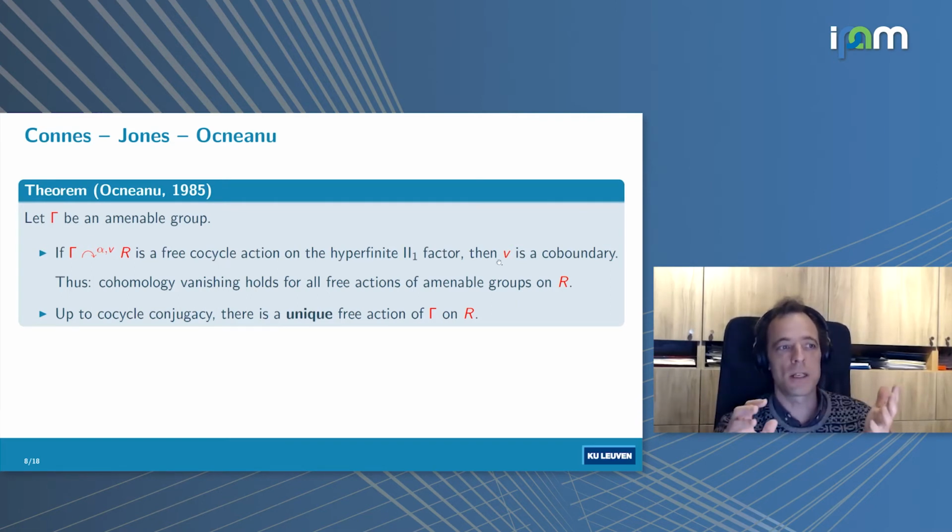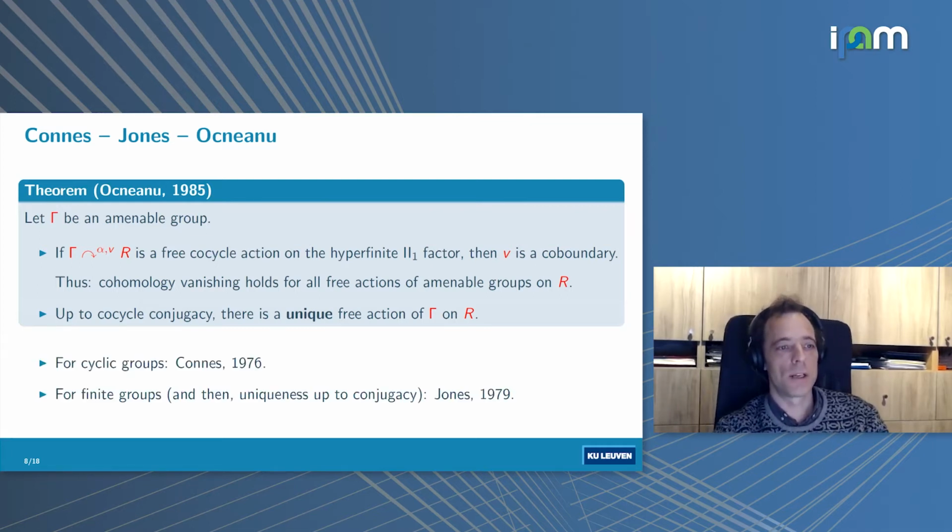So in this context, both amenability of the group and amenability of the II_1 factor guarantee that there is never a two-cocycle obstruction. So every two-cocycle is a coboundary. And secondly, and this is really an amazing result, up to cocycle conjugacy, there is just one unique action. So all free actions of an amenable group on the hyperfinite II_1 factor are all cocycle conjugate.